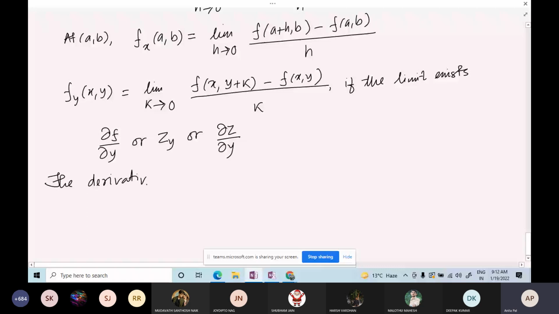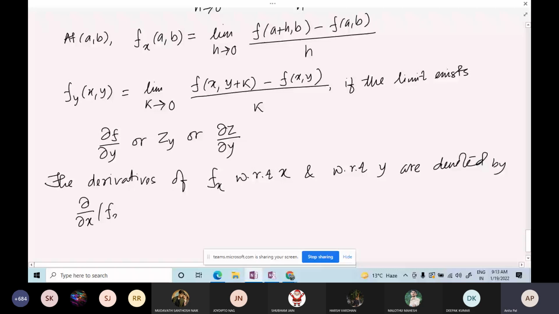Del f del x, with respect to x and with respect to y are denoted by del del x of fx, or we can write del del x of del f del x, or we can write del 2f del x2, or we can also write fxx.